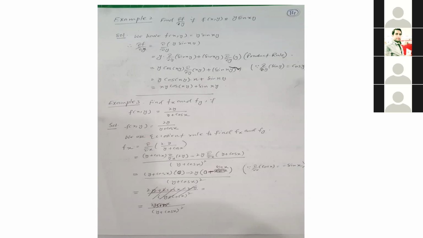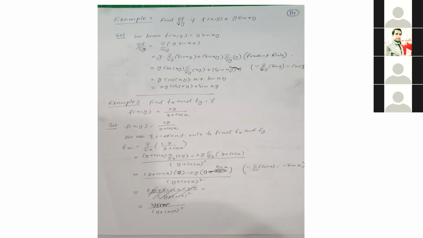Numerator is 2y and denominator is y plus cos x. So derivative of y plus cos x with respect to x, and this down y plus cos x square. This is by quotient rule.